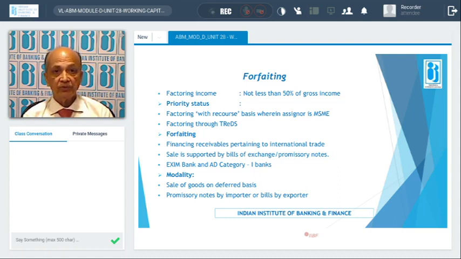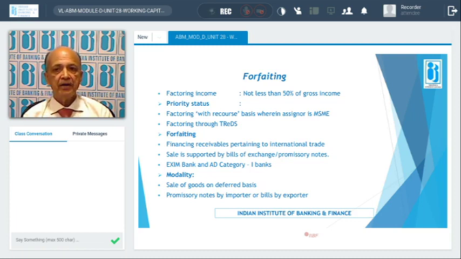Now coming to what is forfeiting. Forfeiting is basically the financing of receivables pertaining to international trade. Whereas the other one was domestic, here it is financing of receivables emanating from international trade.